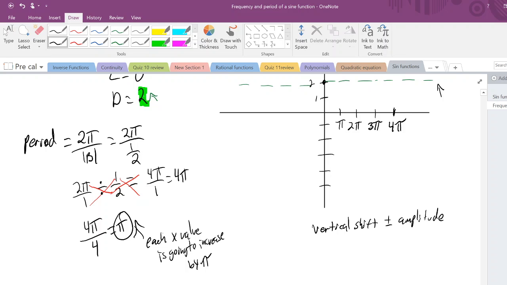My vertical shift here is 2. Then the amplitude is 2, so the highest it's going to get is 4.